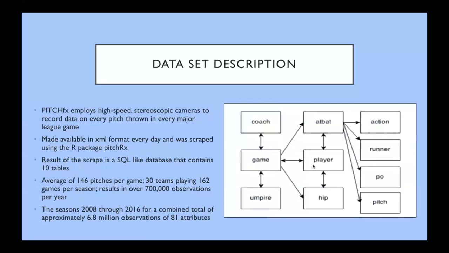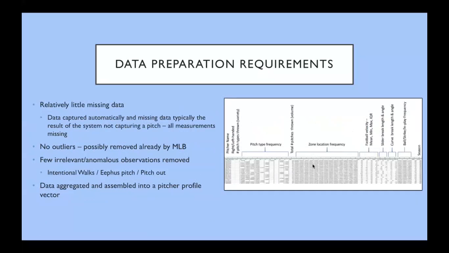For this project, I scraped the seasons 2008 through 2016, which left me with a resulting data set of about 6.8 million observations of 81 attributes. Fortunately, there's very little missing data and no extreme outliers, all of which is probably the result of the fact that the data is all captured automatically.